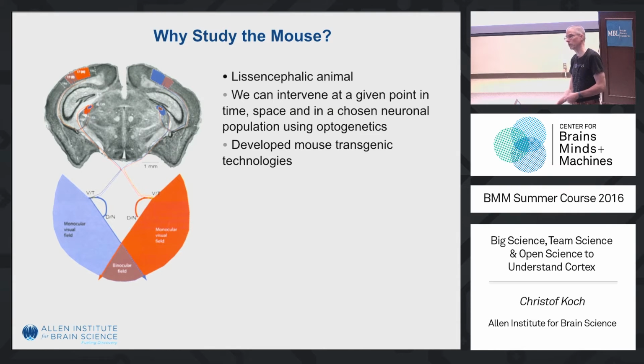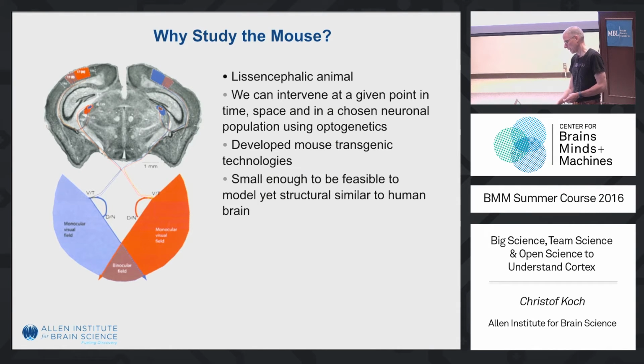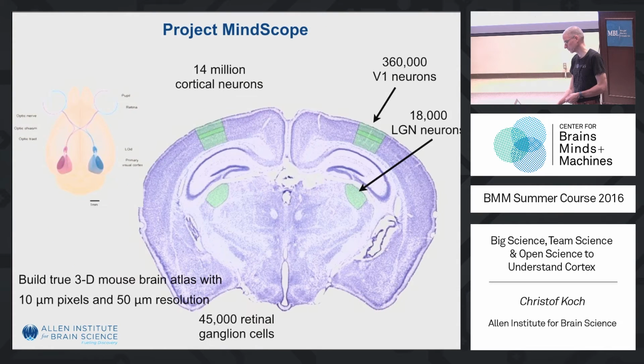Using genetics, we can intervene and also label specific cell types and read out their activity. And it's small enough, a thousandth of a human brain, yet structurally overall similar to the human brain. So the claim is if we understand the mouse brain in detail, that'll lead to a better understanding of the human brain.